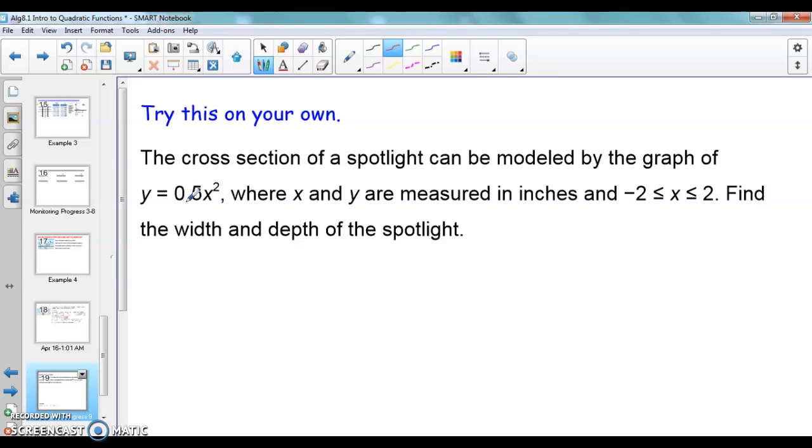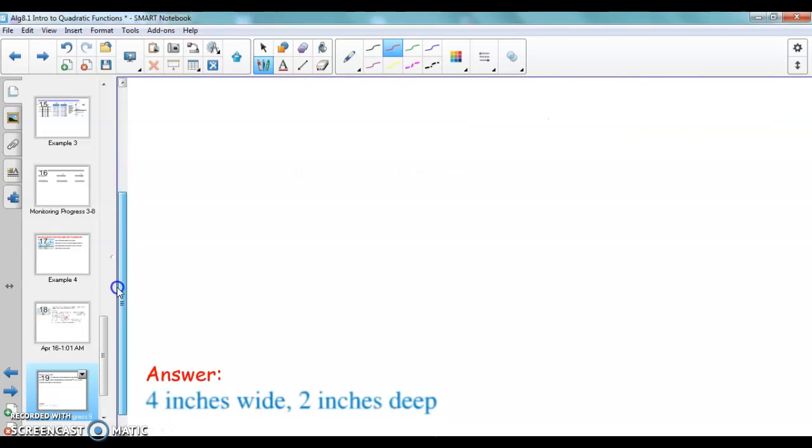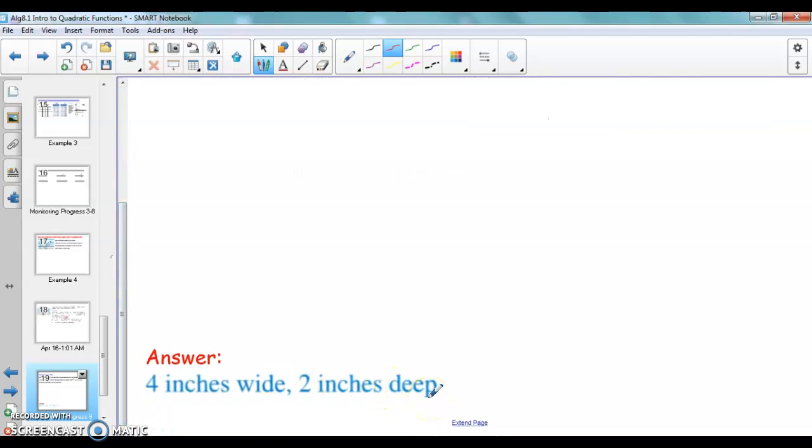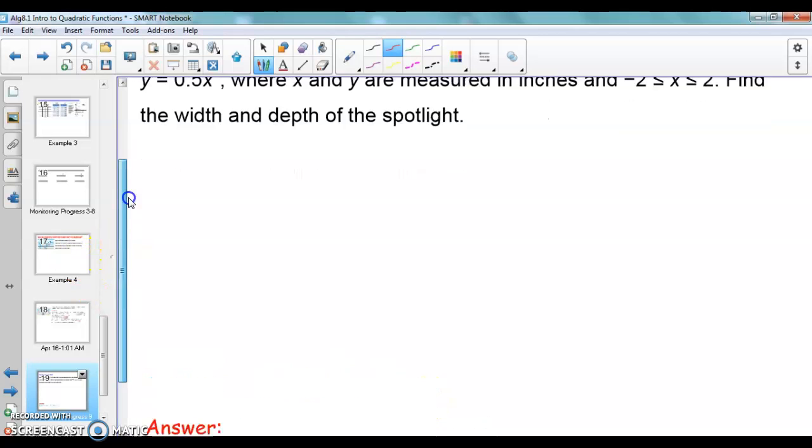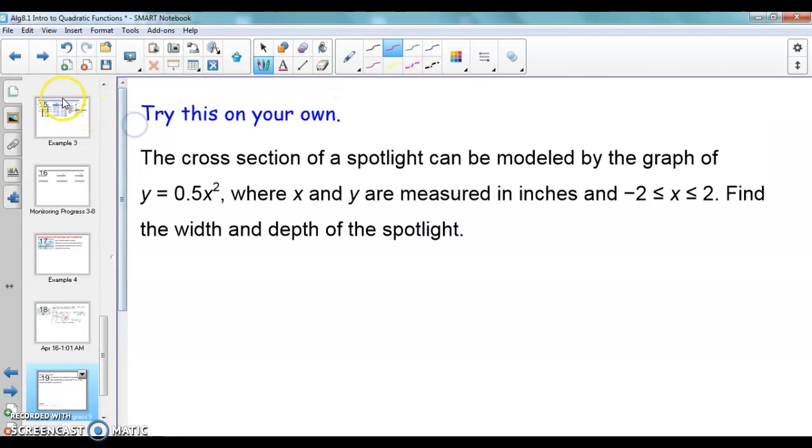So that will give you y is equal to 2. So that means if you get the distance from 0, which is the vertex, to the highest point, then the depth will be 2 inches. Okay, so those are just some applications of graphing quadratic functions.